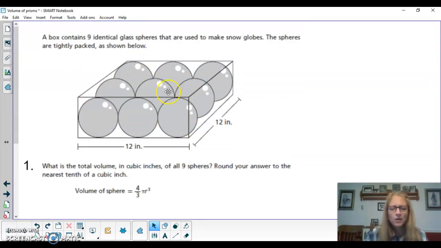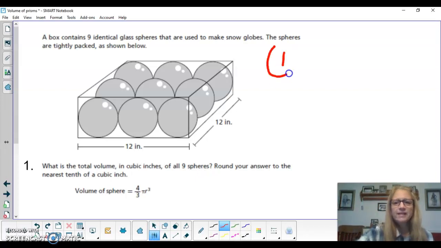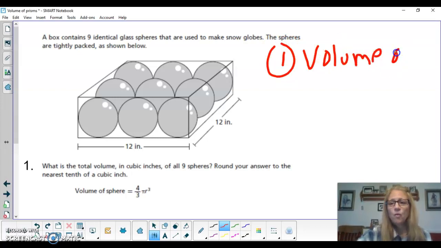Okay, so what do you think the first thing we have to do? All right. So the first thing, obviously, if we have to find the total volume of all 9 spheres, step 1, and you might want to write this down, is you need to find the volume of one sphere.